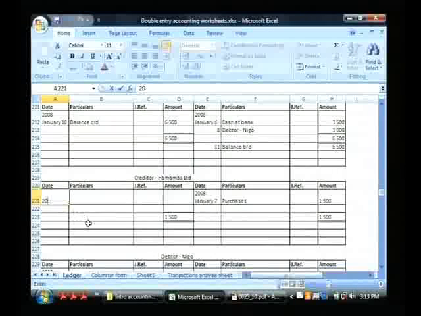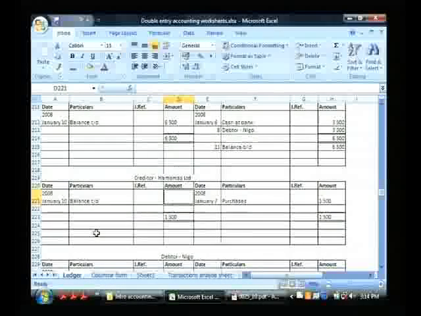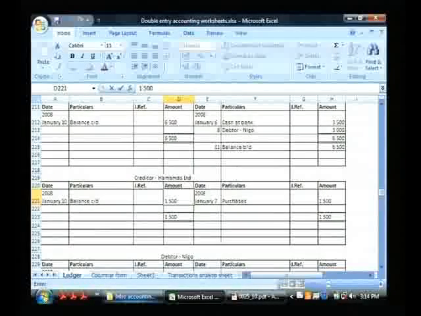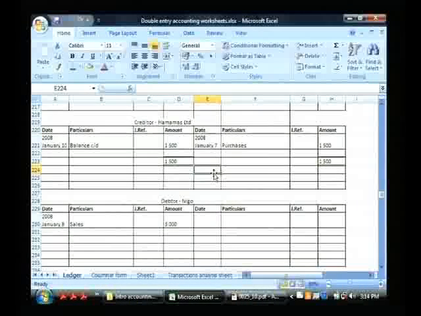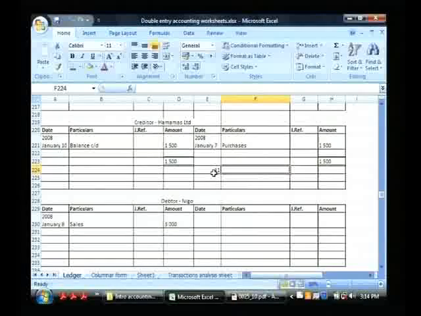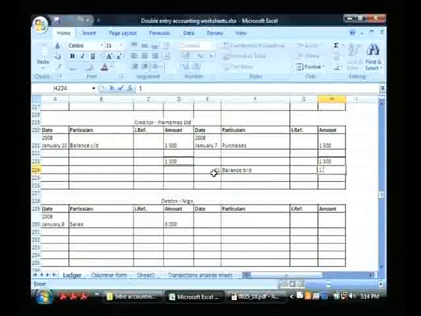Balance in date, January 10th. Balance carried down 1,500. Then here on the 11th, balance brought down 1,500.